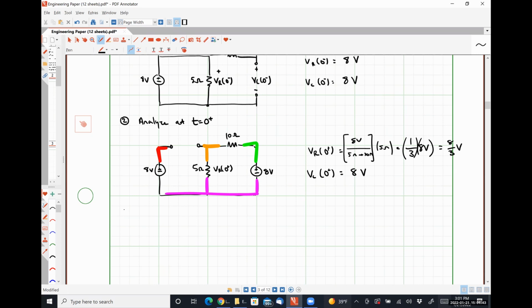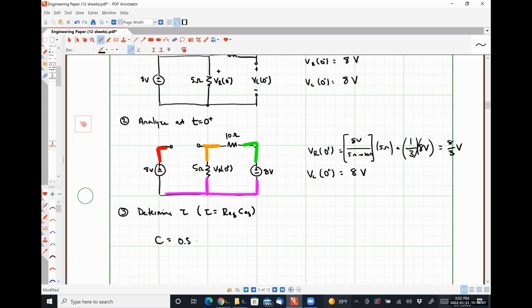So our third step here is to determine our time constant, where tau is equal to REQ times CEQ, right? So since there's only a single capacitor in our circuit, determining C is fairly trivial here.